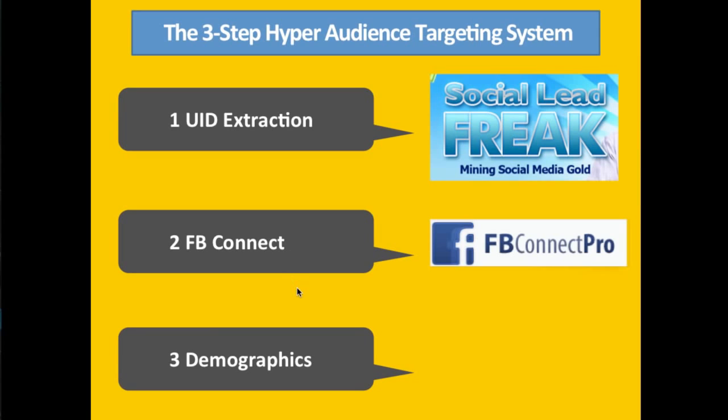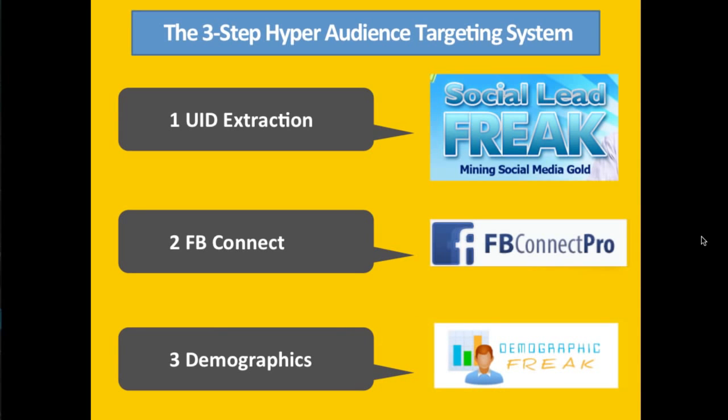The really exciting bit is actually step 3, because step 3 is where you take all of the information from all of your leads from step 2 and you summarize them in a pie chart form. So to do this, we are also giving you Social Lead Freak customers a brand new demographic freak tool.